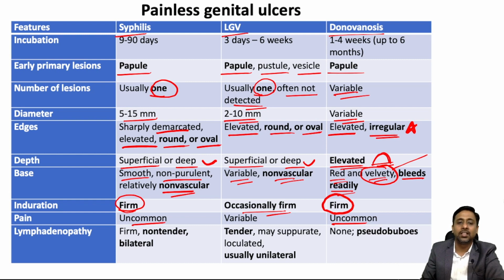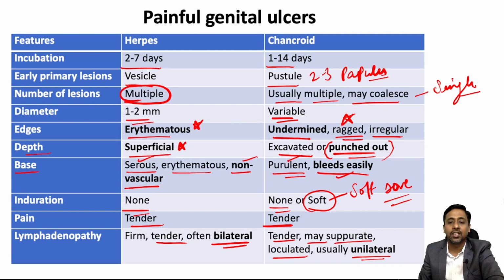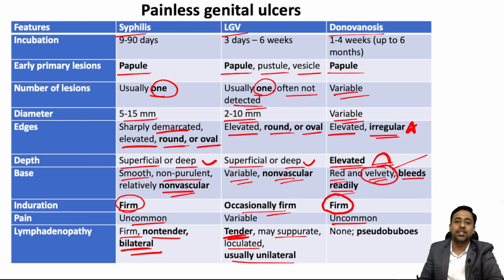Lymphadenopathy: in case of syphilis, it is firm, non-tender bilateral lymphadenopathy. In case of LGV, the lymphadenopathy is tender, may rupture and suppurate, may be loculated and is usually unilateral. It is similar to chancroid: tender, may suppurate, loculated, unilateral.